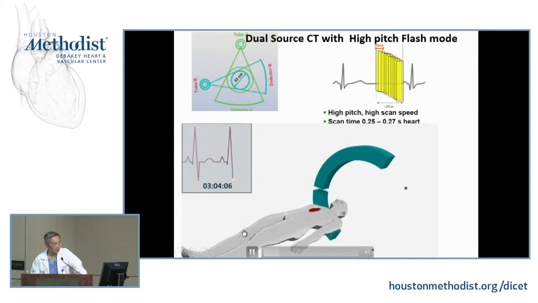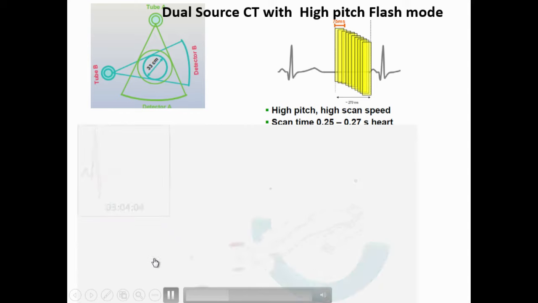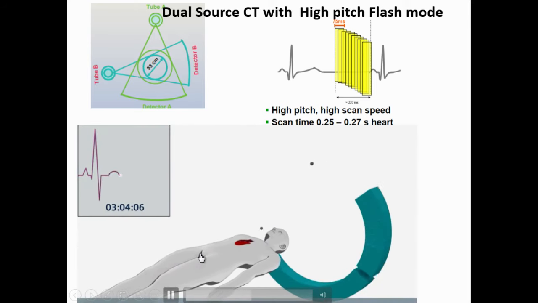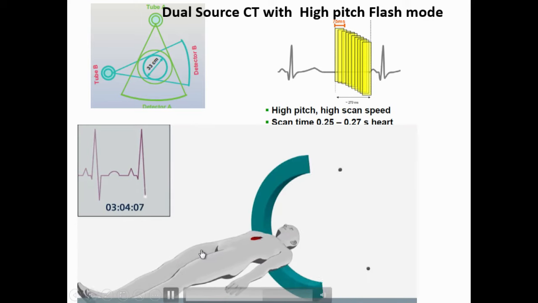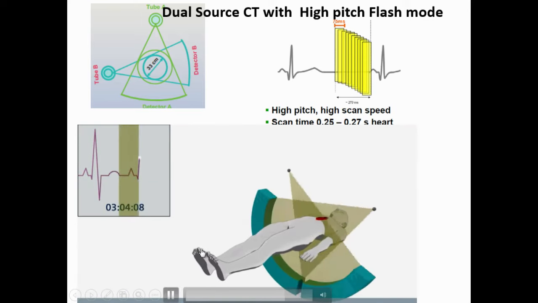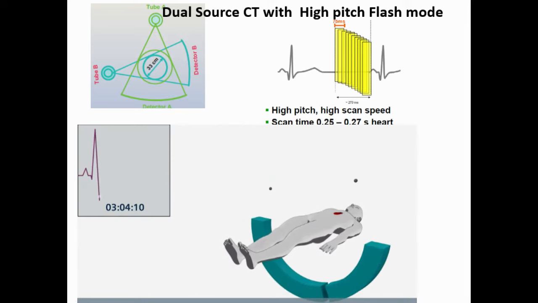So this is how our dual source CT with high pitch flash mode works. The patient goes through the table slowly first, and then when the heart gets into the field of view, you accelerate, okay? So the table moves about 87 centimeters per second.